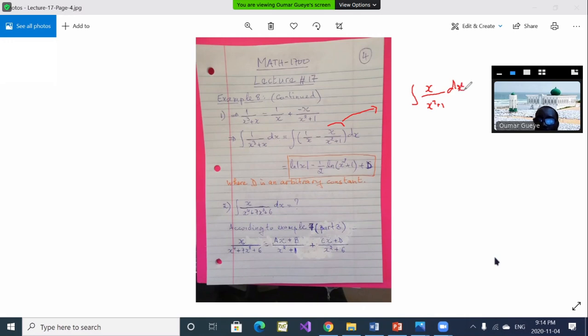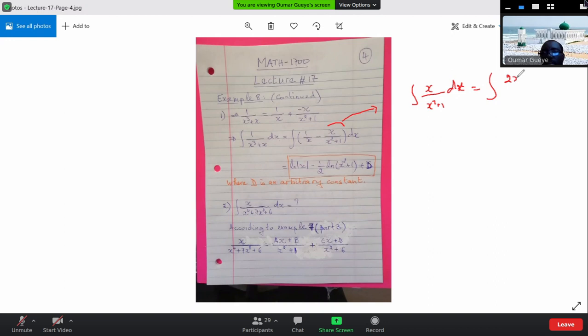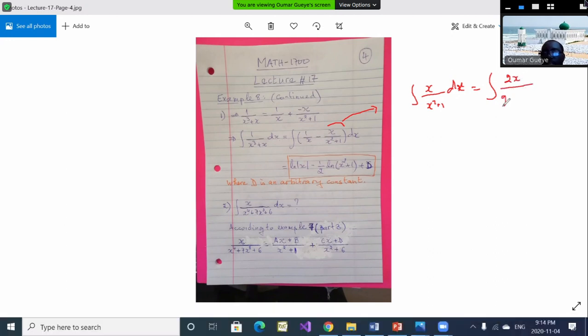What I notice is, if you calculate the derivative of this denominator, you will get 2x, but the 2 is missing. So I multiply the numerator by 2 and the denominator also by 2. Why do I multiply here by 2?